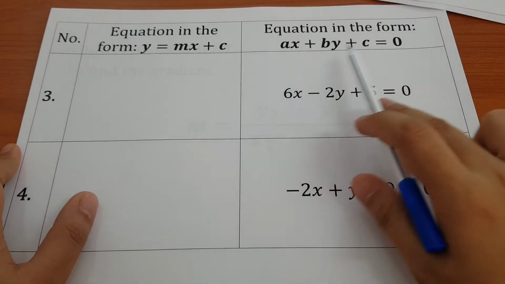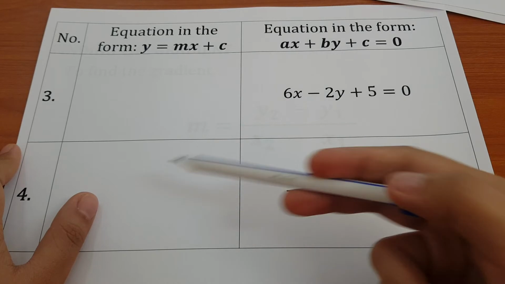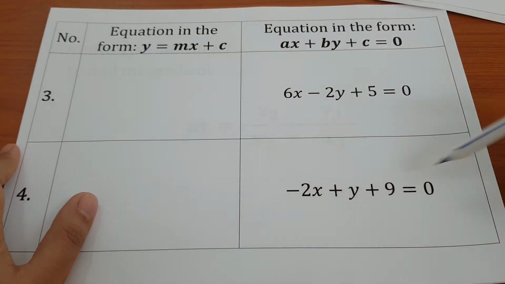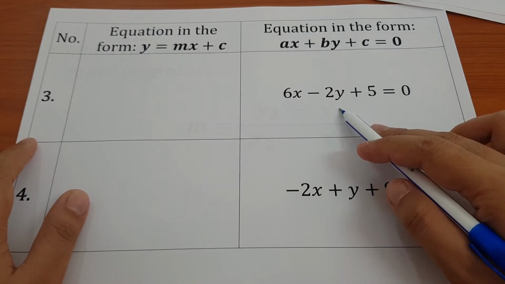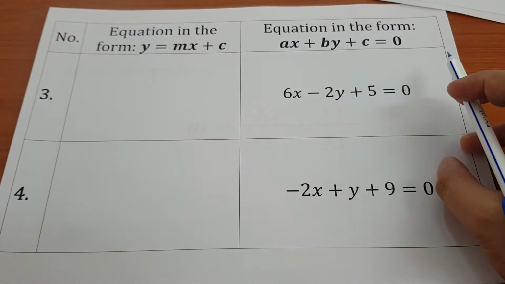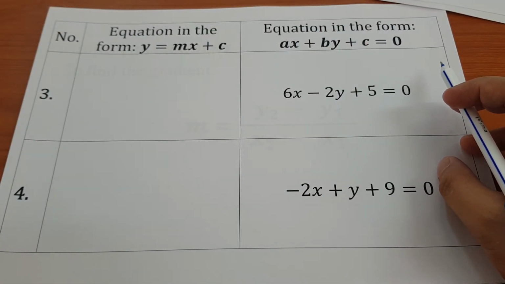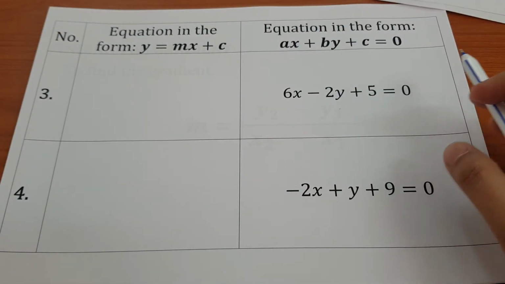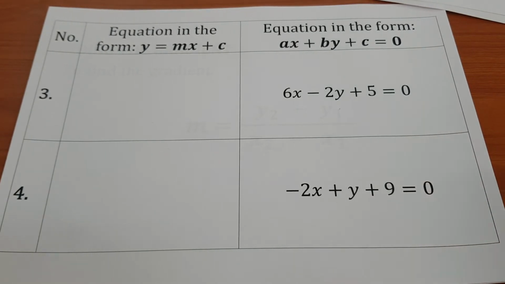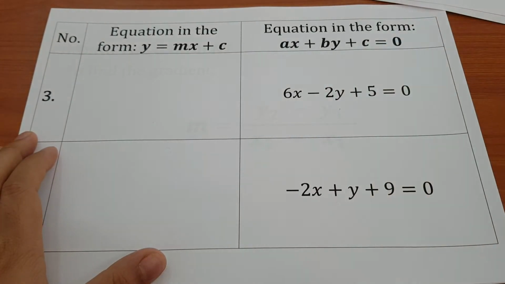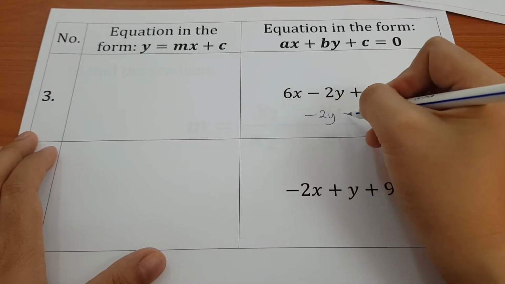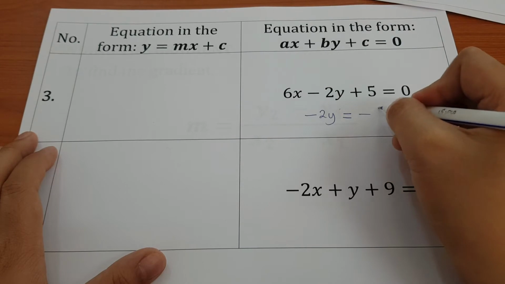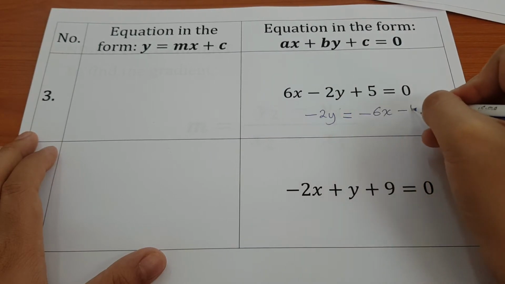Let's continue the other way around. Writing from ax plus by plus c, we change it into the form y equals mx plus c. How do we change this one? All the y terms should be on one side and the rest on the other side. So minus 2y equals minus 6x minus 5.